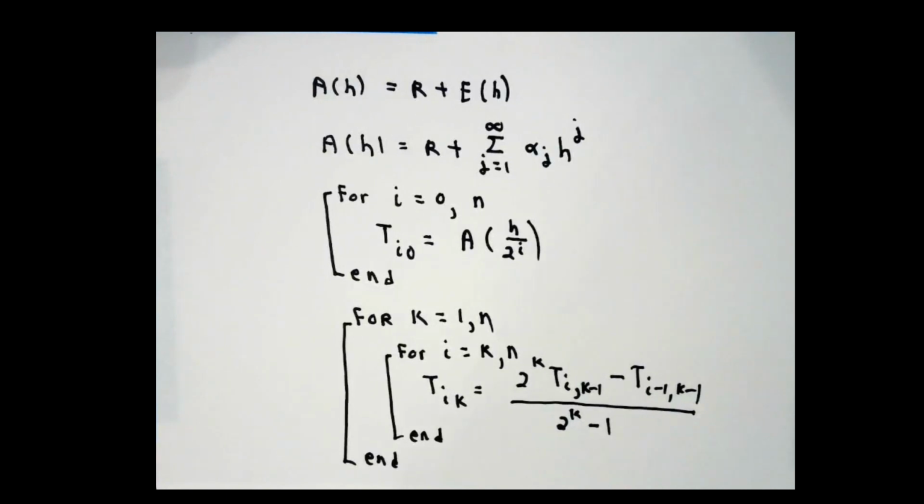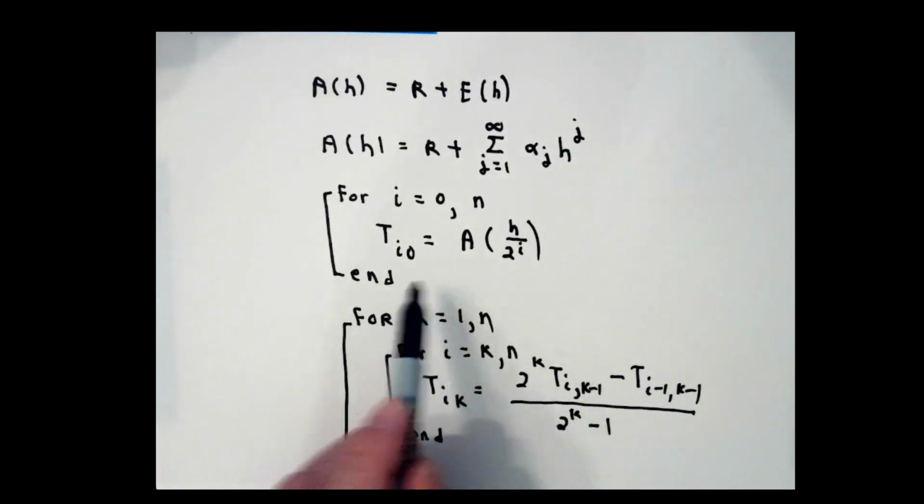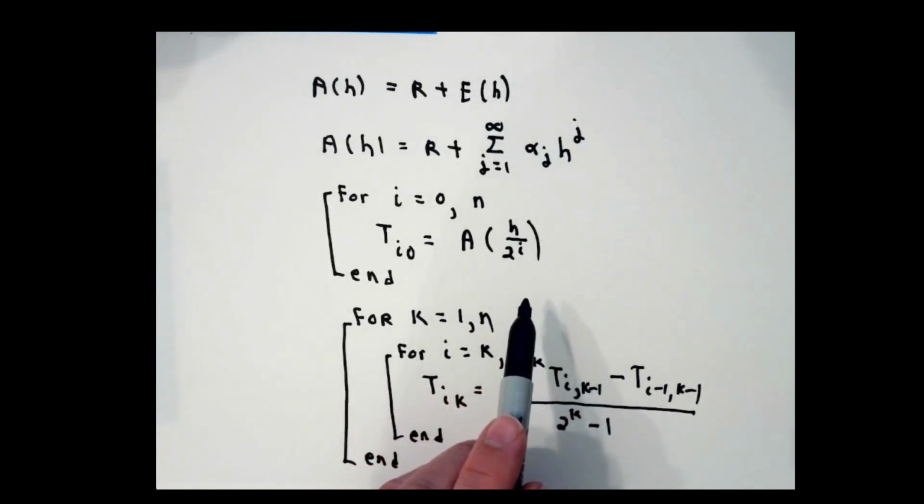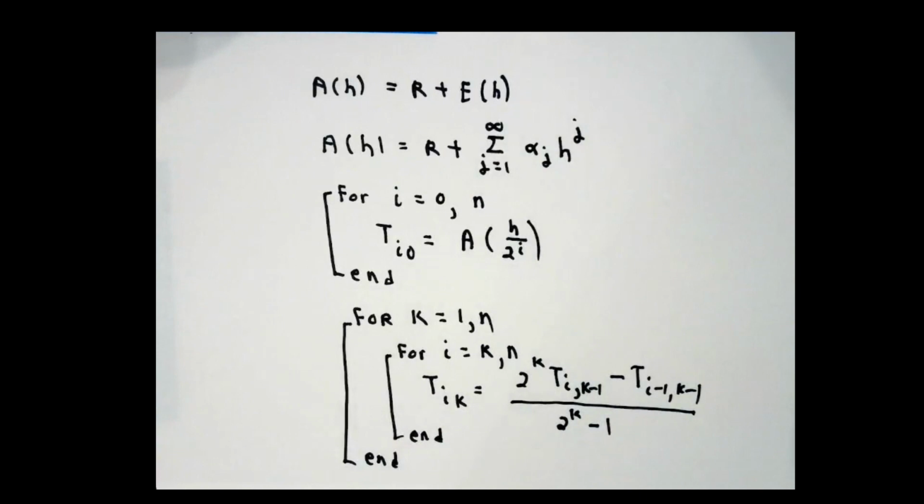We figured out that if you calculate a table of numbers with indexes i and j, t i 0 being the approximation based on h over 2 to the i power, and then taking combinations of previous columns in this method, we figured out that column k equal 1 has no h to the first power term in its error formula for the approximations involved.